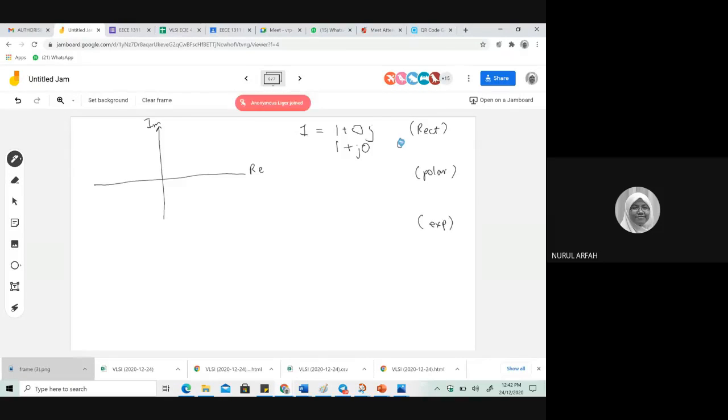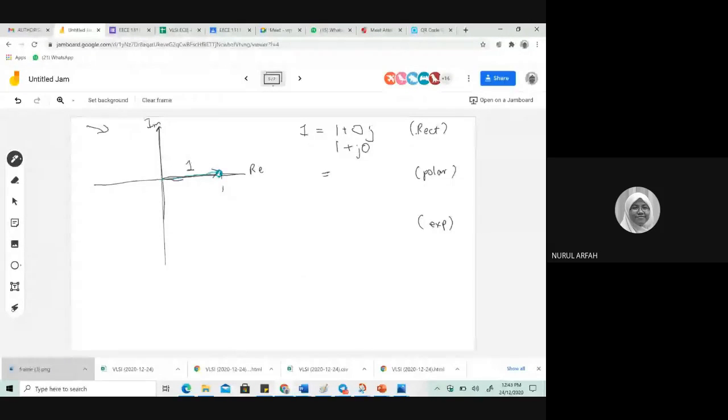But because this is 0 times j, we do not need to write down the 0. But how to draw this form, imaginary and real? Where is that number 1? Yes, correct. Very good. Okay, this is 1. You write down 1 here.